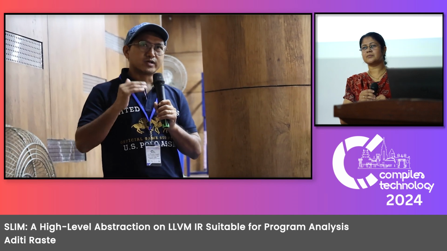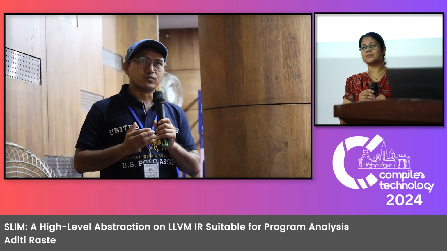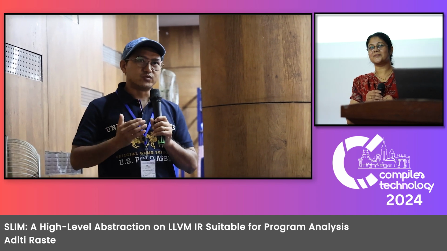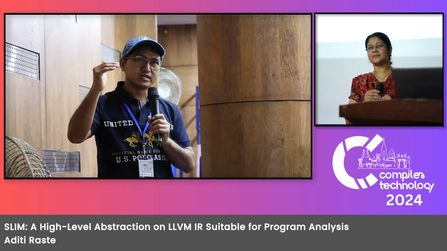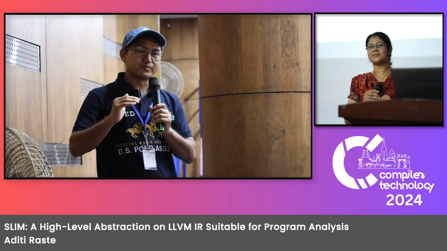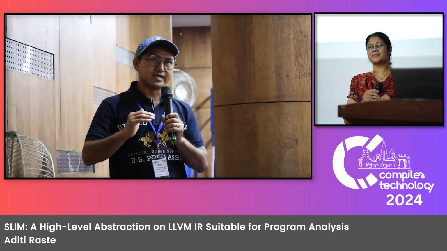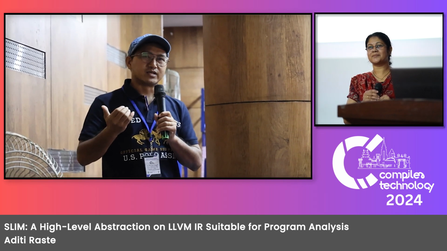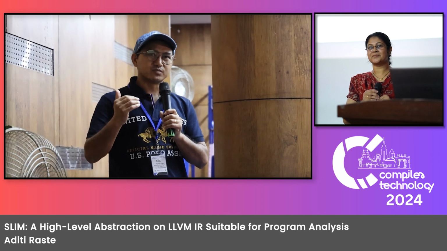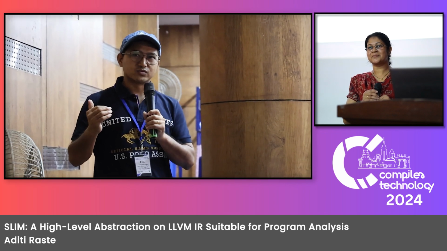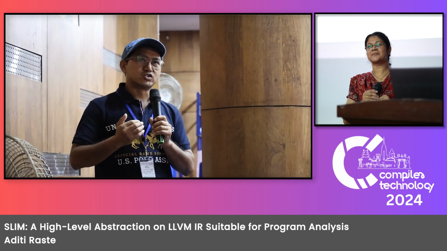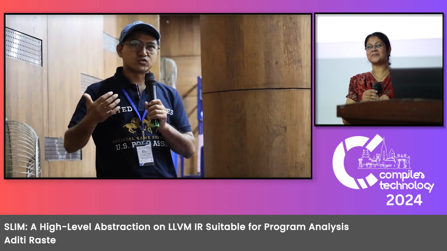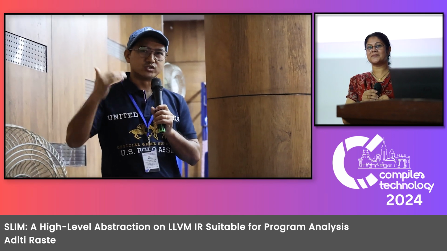So what is SLIM solving, why is it important, and is there a gap that bridges the source information? Since you are starting from LLVM IR, we only have the information LLVM IR has. Of course you can get debug information, but it is still limited to what LLVM IR has. So if you are providing an analysis which LLVM cannot support, can the analysis also consider information from the Clang AST?